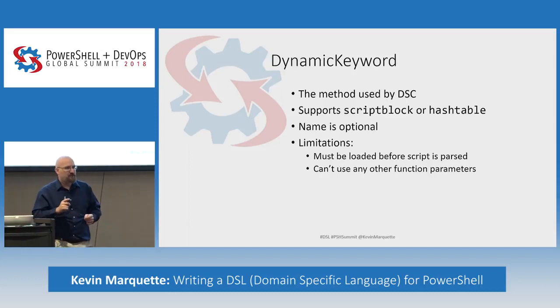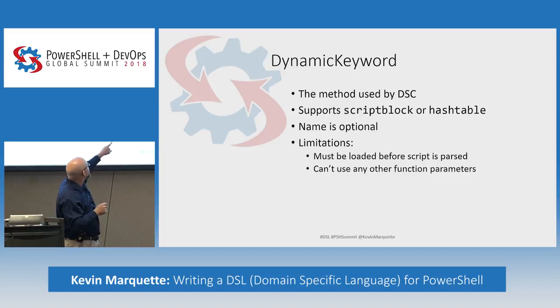But there are gotchas. And the first one is that it has to exist before the script is parsed. So if you have a script where you're using it and you try to dot source your dynamic keyword logic into it, it's going to fail because it's going to parse your script first before it goes to the dot source. Very similar with classes, you run into those same nuances.